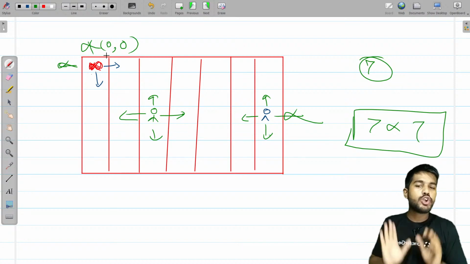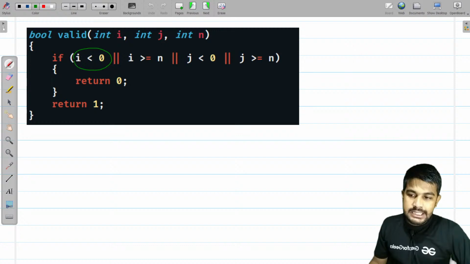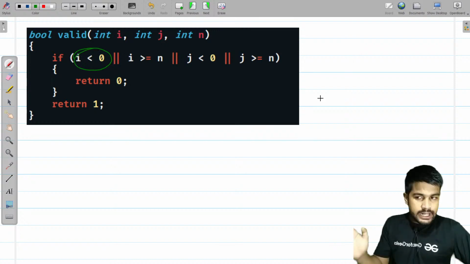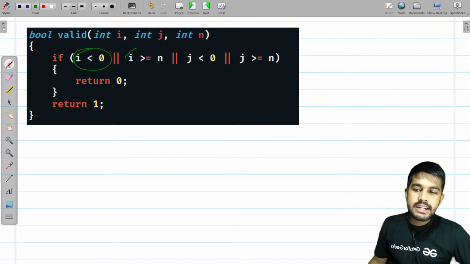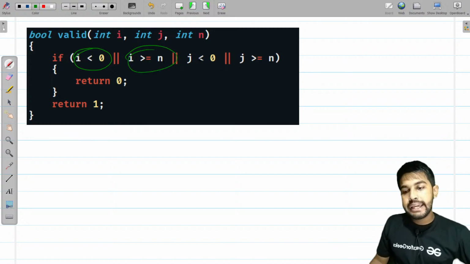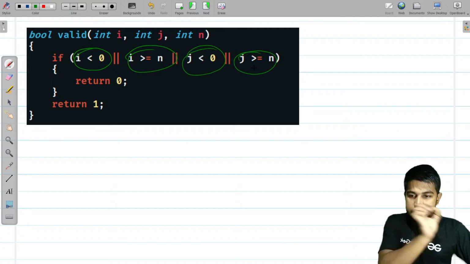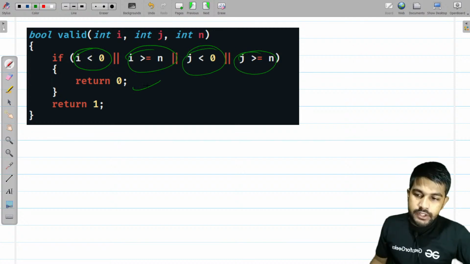Now how do I check that? I check that by using a simple function. If i is less than 0, that means it is outside this boundary. If i is greater than or equal to n, it is also outside the boundary, and the same for j. If any of these conditions is true, this would return false, else this would return true.